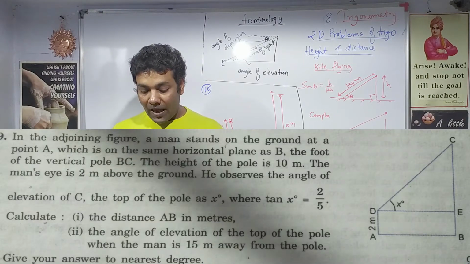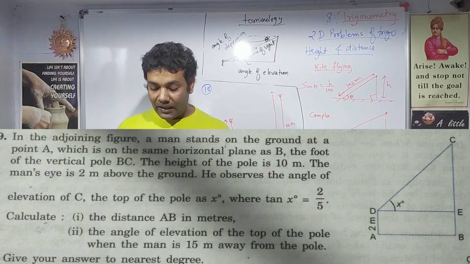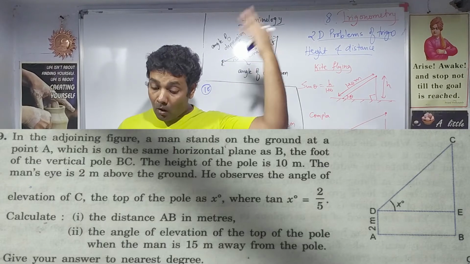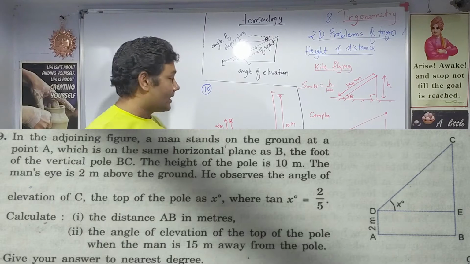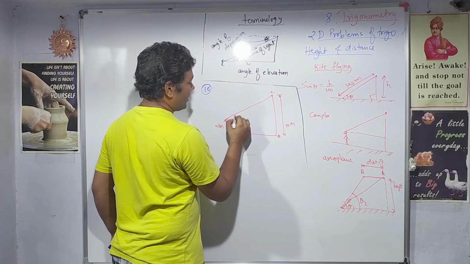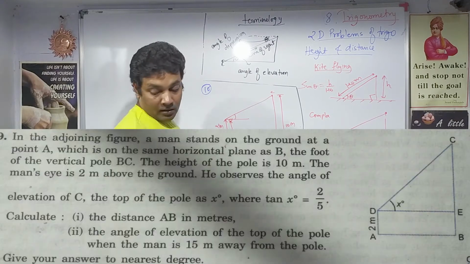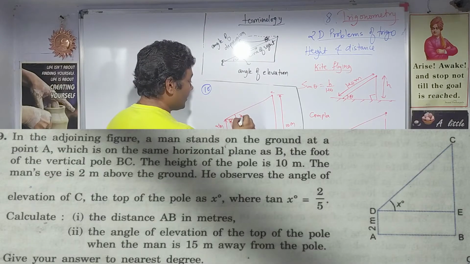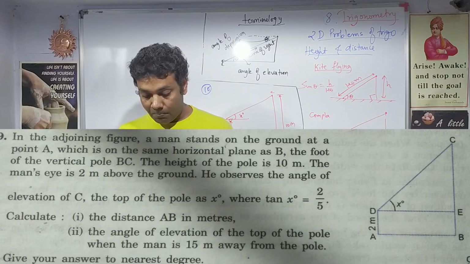He observes the angle of elevation of C, the top of the pole, as x degree. So the angle of elevation is this, and it is given as x degree.